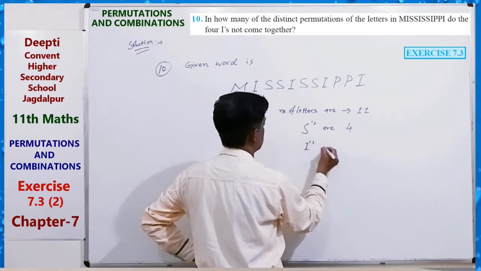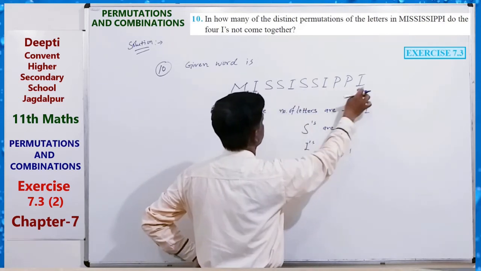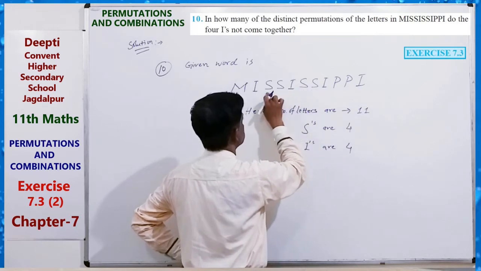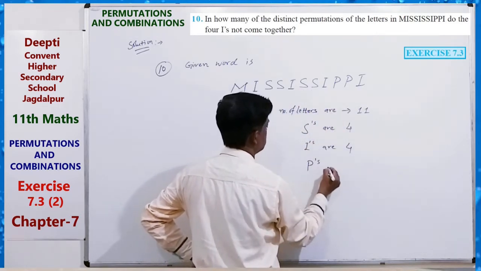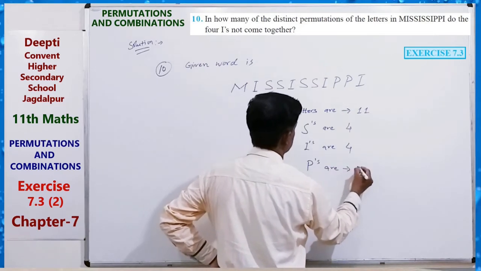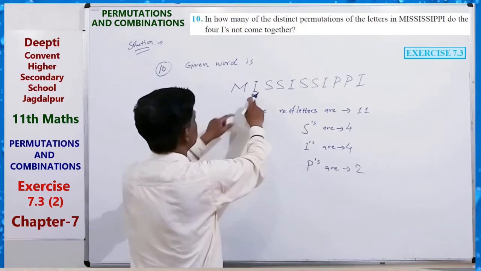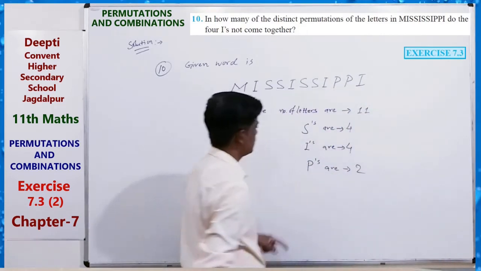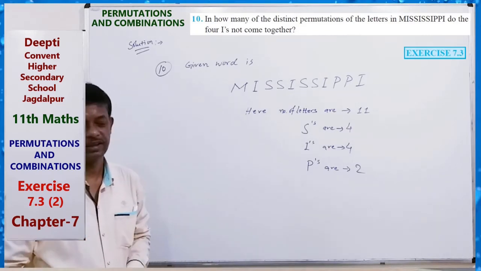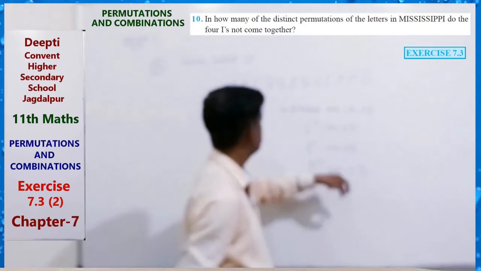I's are 4. S's are 4. PP, these are 2. Okay, M once, I 4 times, S 4 times, P 2 times, and the remaining are different.